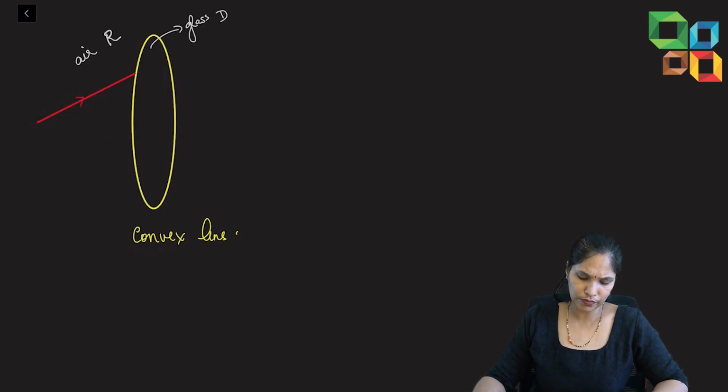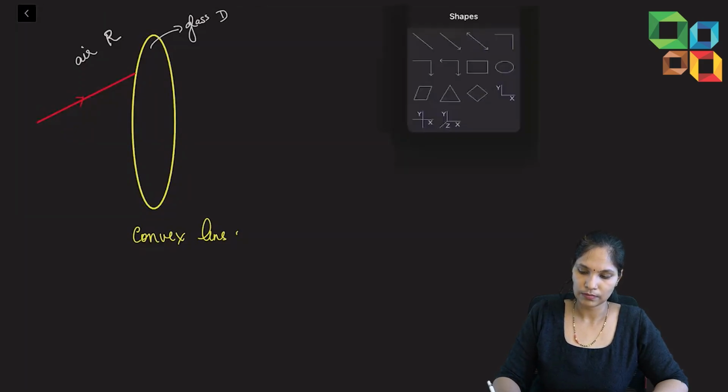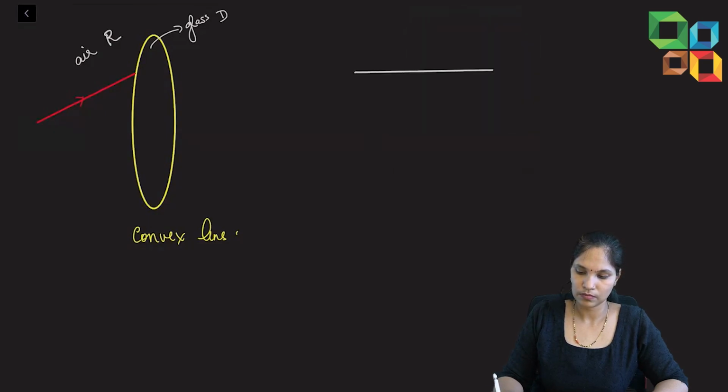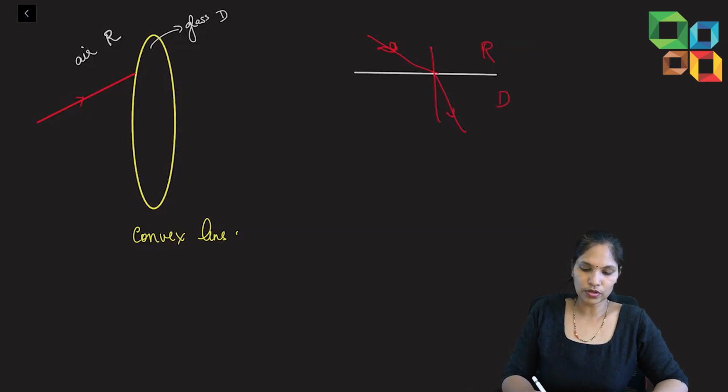So if you observe here the rays entering from rarer to denser, and we have learned that time, if a ray goes from rarer to denser, it bends towards the normal. So this is what we have learned.